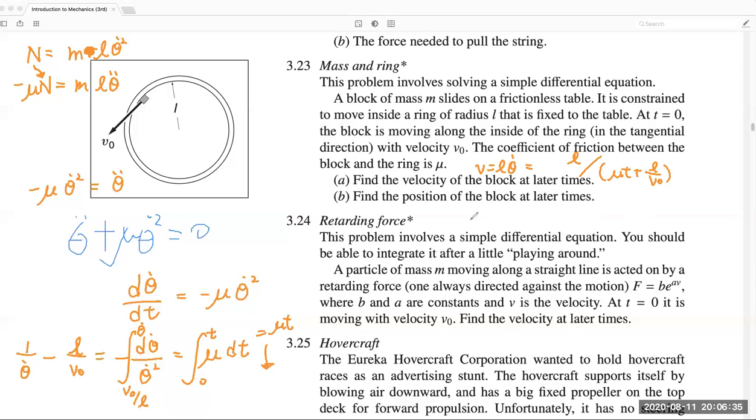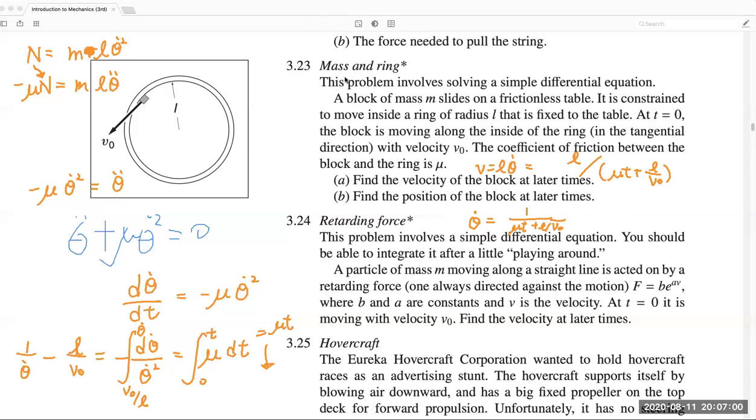Actually, for the position, it's better to express it in terms of the angle. So you can just integrate this once, and then get the angle expressed in terms of t. I think this one is natural. That should be the answer.